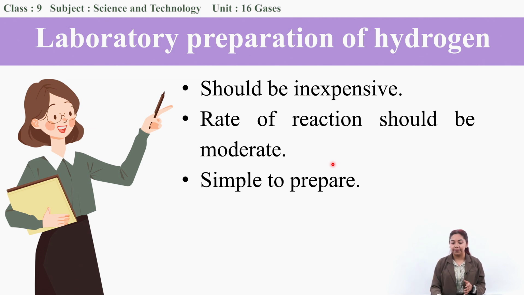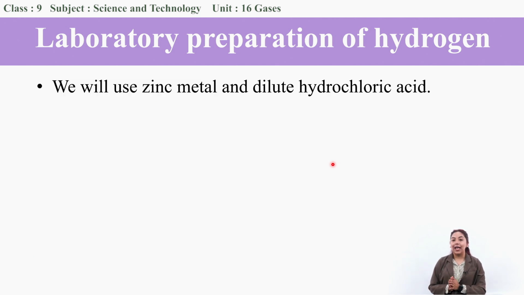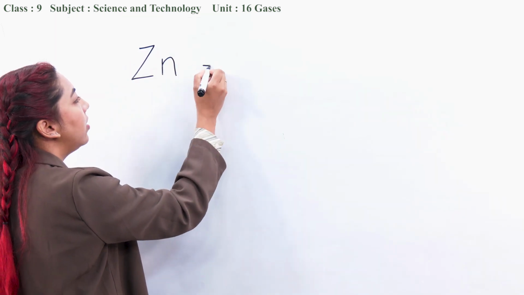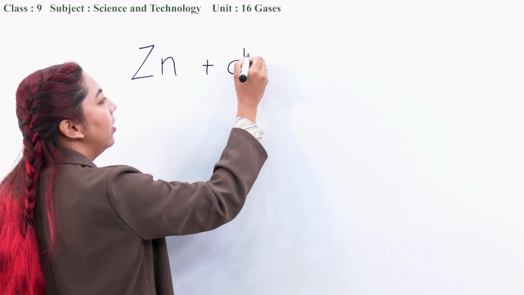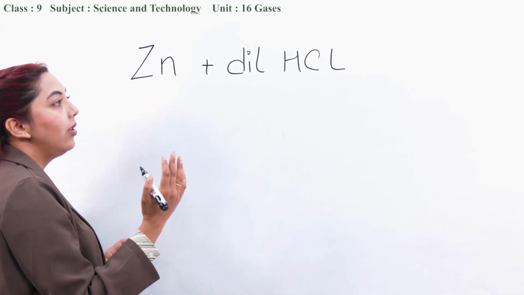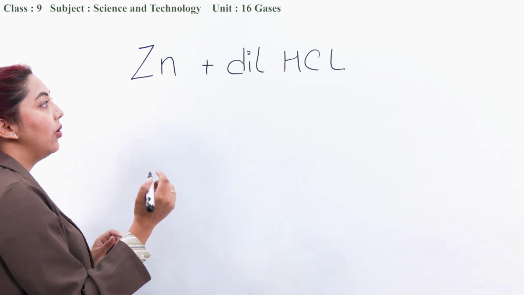Now for the laboratory preparation method, we will be using zinc metal and dilute hydrochloric acid. So this is a displacement reaction. Why?